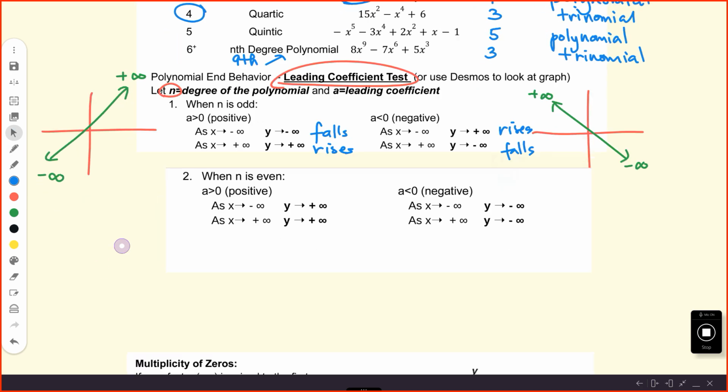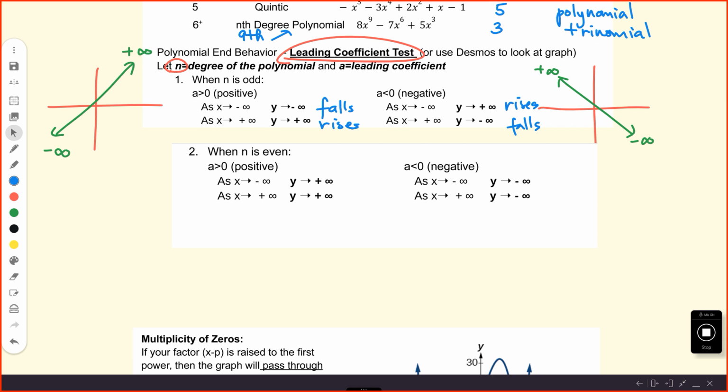Now, if the degree of the polynomial is even and the leading coefficient is positive, think of this as a parabola, but not an actual parabola. Just think of both sides as going up, so both sides go to positive infinity.